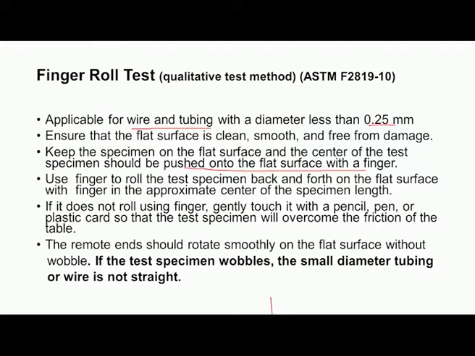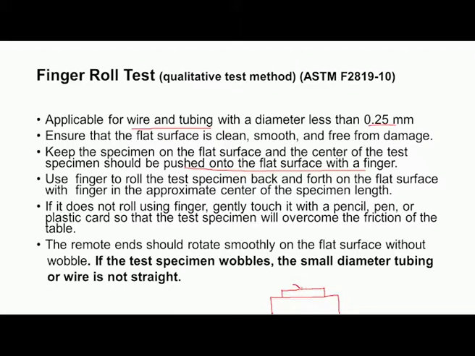That is, we have this surface plate, and we keep the thin wire on the cleaned surface plate, and we have to press this specimen using a finger.